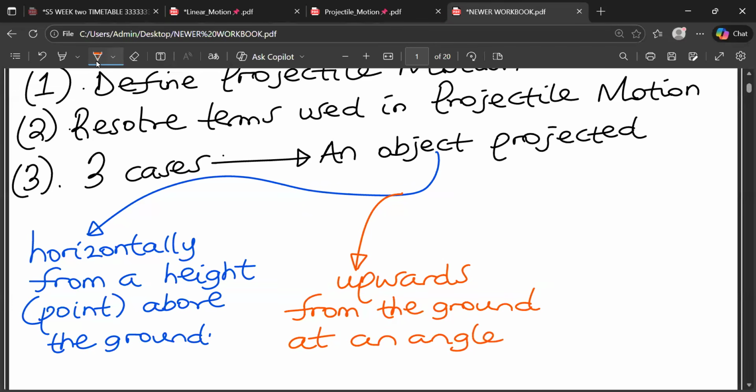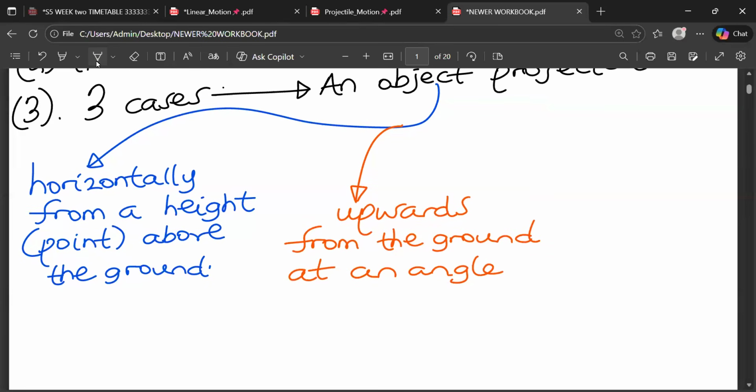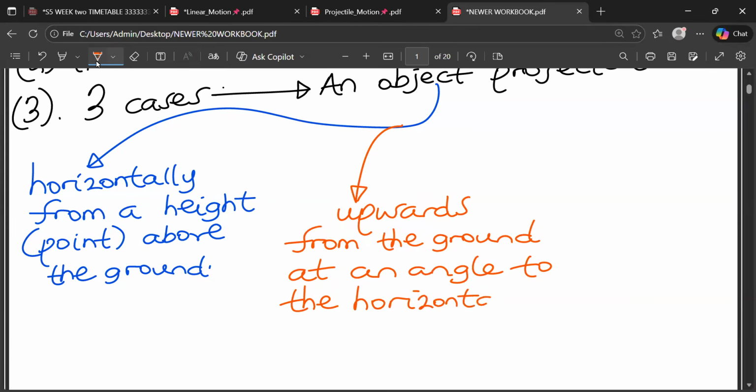And you all know in most cases these angles are with the horizontal. I told you this when we were resolving forces, the very first topic in mechanics, that most of the angles are to the horizontal. We start counting them from the horizontal.